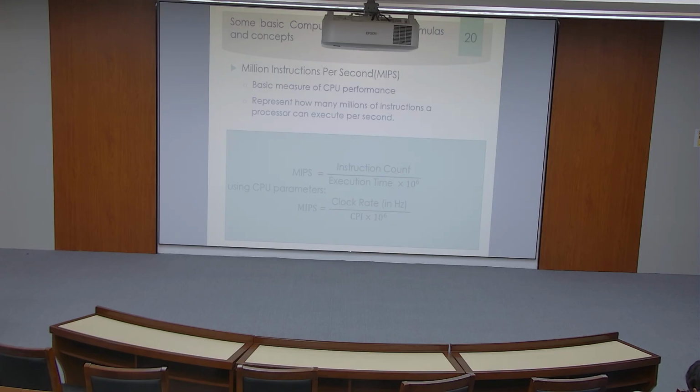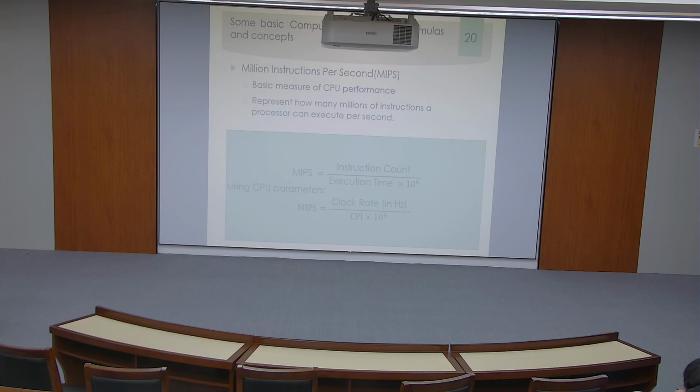Million instructions per second is a basic measure of CPU performance, and it represents how many million instructions a processor can execute per second. It is given by instruction count divided by execution time times 10 to the power of 6.